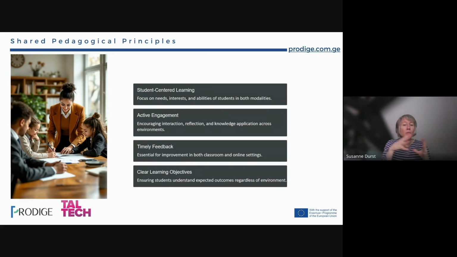Both modalities try to find ways to engage students actively, also the more silent ones. It's about providing timely and constructive feedback, and both. This is, as you remember, the instruction you got for preparing your videos and your presentations.